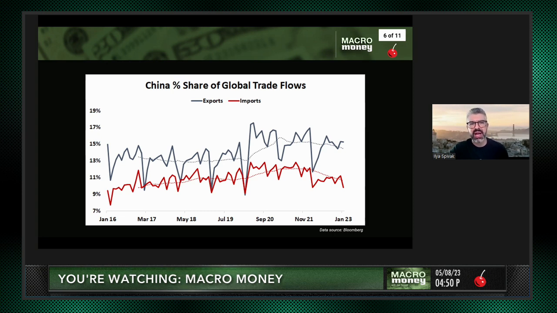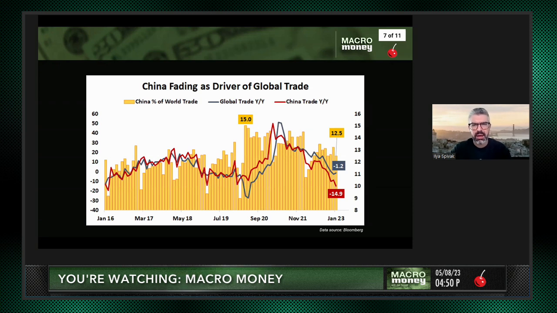So China's share of global trade flows has certainly been edging lower, but not in a way, perhaps at this point, that would suggest that its importance in powering global growth has diminished. And this is a key part. This suggests that we still very much care about China's contribution or lack thereof to the global business cycle.